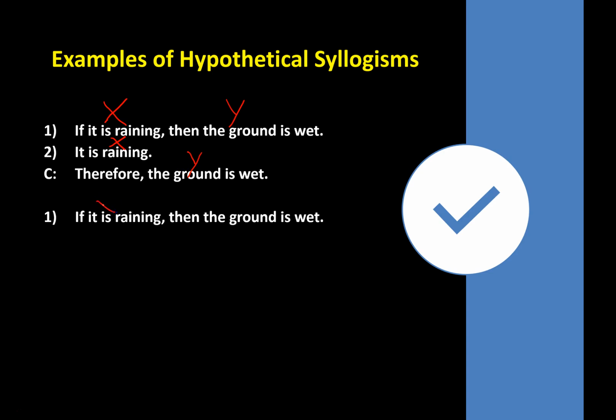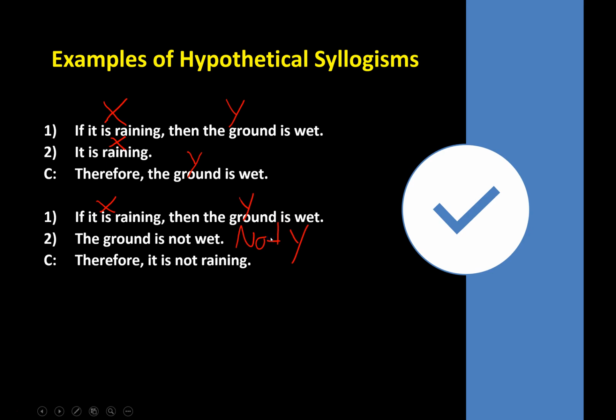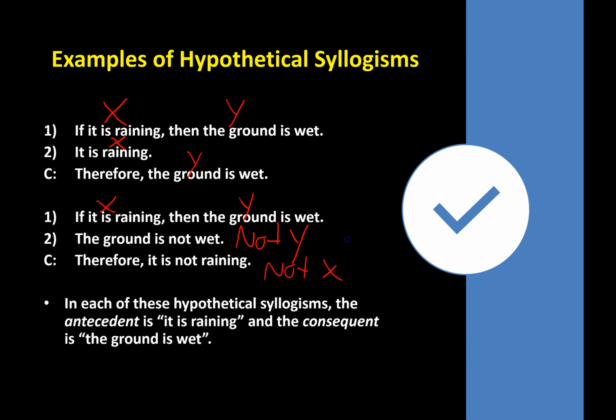So again, if X, then Y. The ground is not wet, so not Y. Therefore, it is not raining, so not X. Okay, so in each of these hypothetical syllogisms, the antecedent is it is raining, and the consequent is the ground is wet. Those are the X's and Y's of the matter for this particular instance.